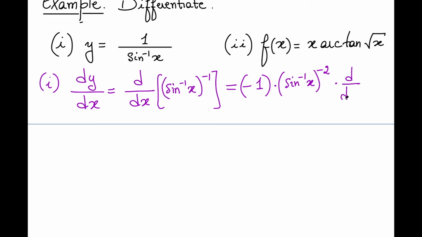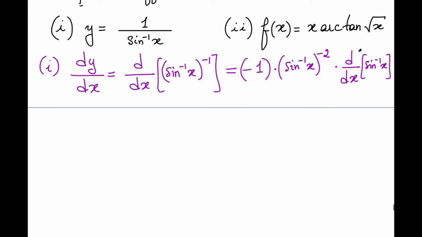This is the chain rule here. Make sense? Because of that negative 1, I combined the power rule with the chain rule. All right, what's the derivative of sine inverse of x?